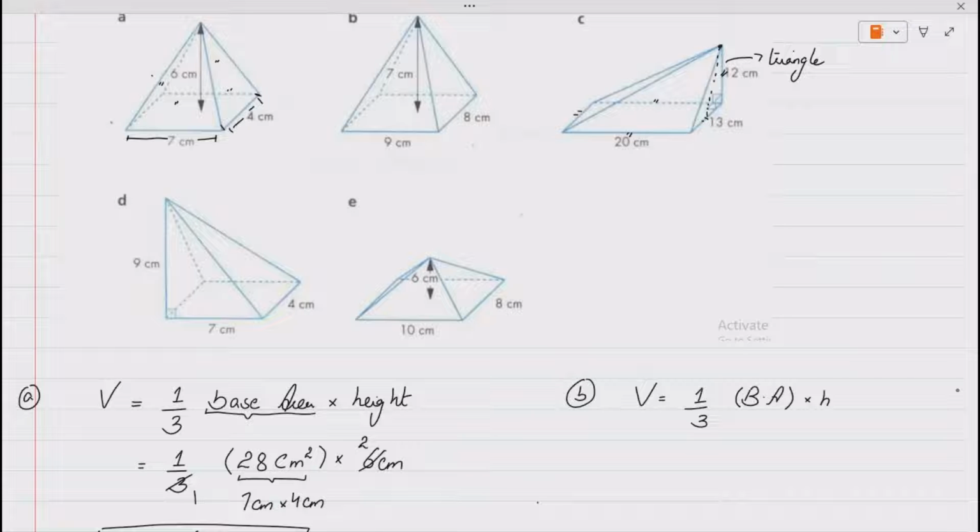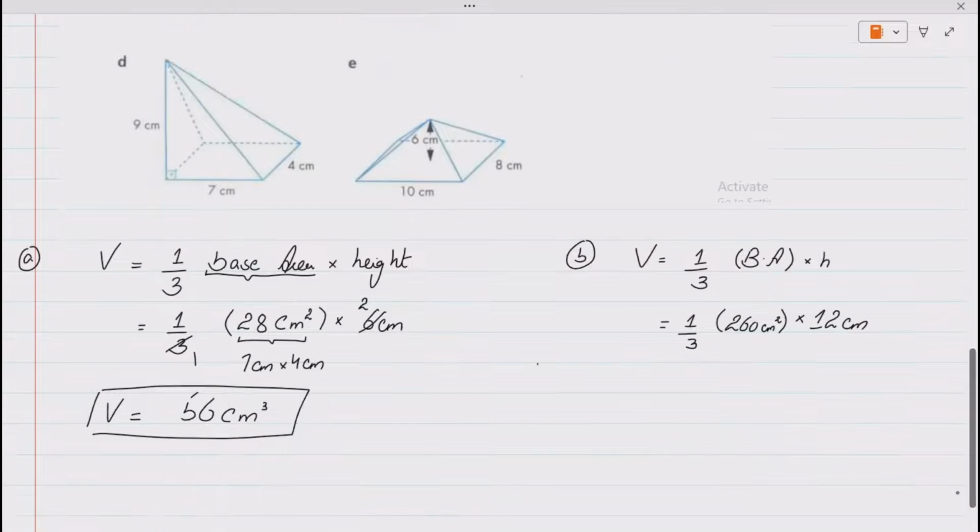So for the height you use the length of one triangle, which is 12 centimeter, 1 upon 3 as it is, and the base is 20 into 13, 20 into 10 is 200 and 20 into 3 is 60, so 260 centimeter square, right? Now you have to multiply these. You get centimeter cube. Multiply these two, divide by 3, and you get this answer as well. So this is easy as well.